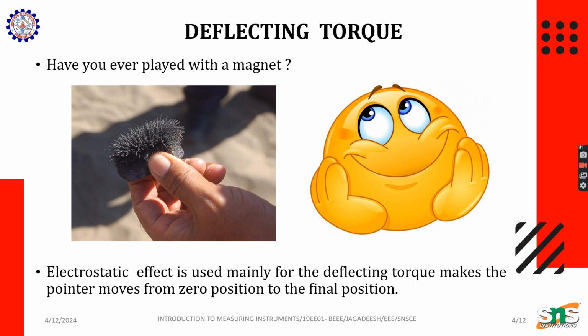When we pass electricity through the wound wire, the iron core will act like a magnet. If we turn off the electricity, then the iron core will behave like an iron core only. It will not change. So this is the fundamental principle that is used in all the instruments to make the pointer move.